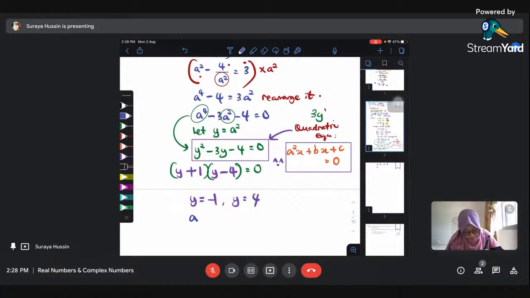So, A squared. This is what you want, A squared. You masukkan, you tukar balik y itu kepada A squared. So, matematik ni macam main tukar-tukar. Okay.